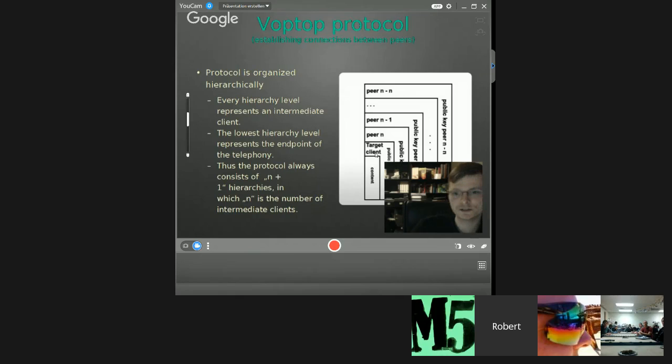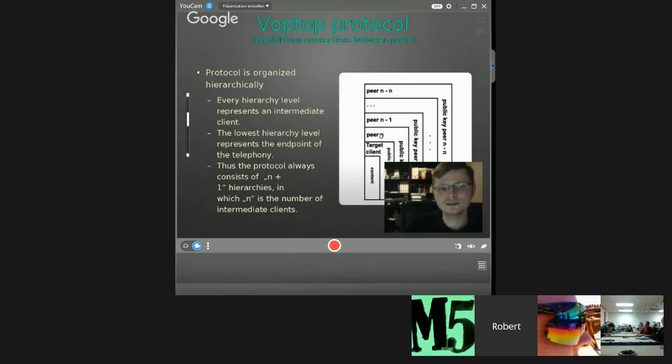Then he gets an intermediate client that is provided from the peer-to-peer network. This client gets connection information to connect to the communication recipient. This again gets the next peer, the intermediate peer, with again the information, and that is repeated for every peer which is intermediate for the whole connection structure.